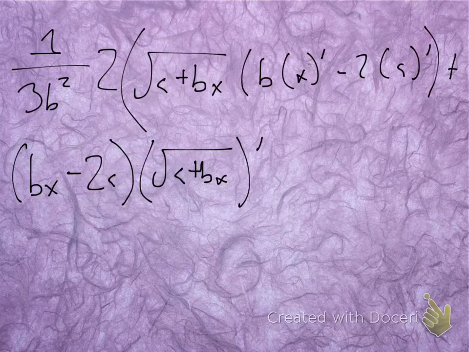So now we've got all this, and we're going to need to use the chain rule. And in this case, our chain rule is going to look like this. Here's a little aside.